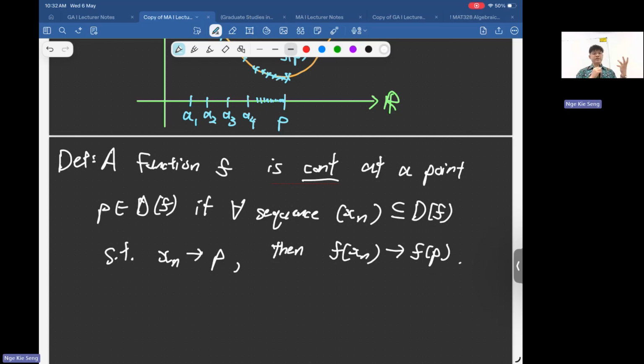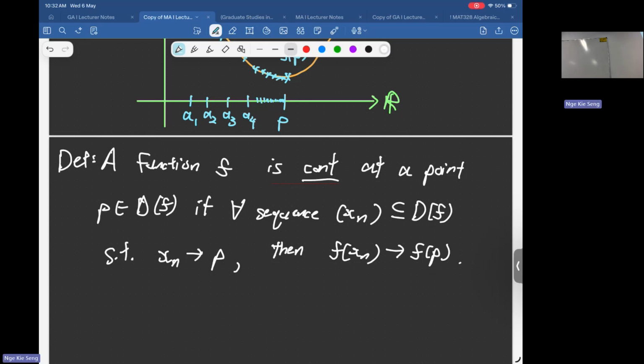When we say a function is continuous, it means continuous at every point inside the domain. So we have to check at a point first. If you want to say that the function is continuous everywhere, then you need to check all points, for all sequences. There's a lot of things to check.